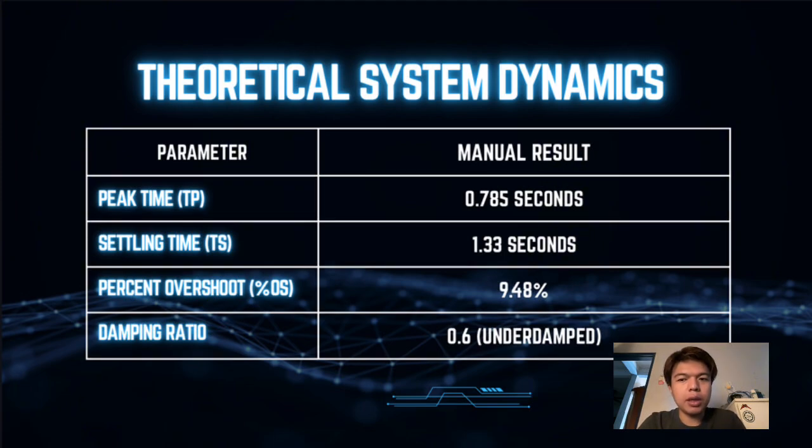The manual result we get is 0.785 seconds. The settling time is Ts, and the manual result we got is 1.33 seconds. The next one is percent overshoot, percent OS. We got 9.48% for the manual result. And the last one is the damping ratio, which is 0.6, and it is considered underdamped because it is below 1.